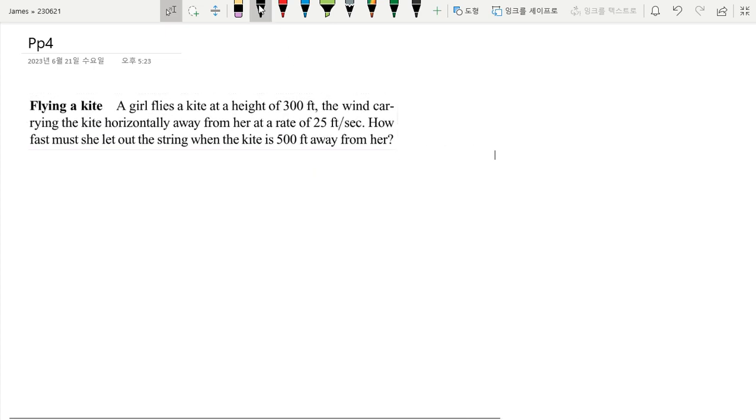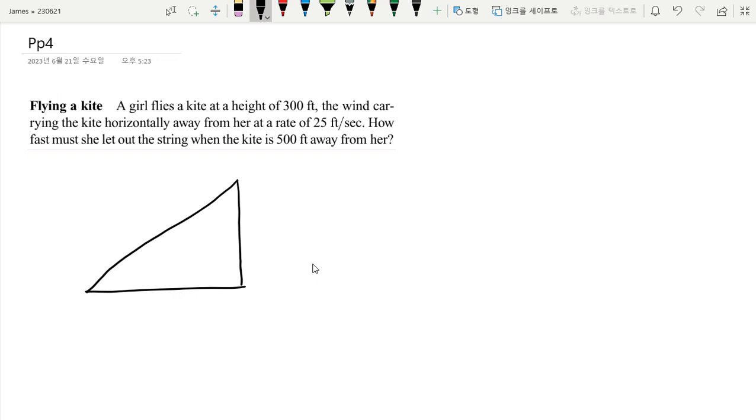So let's make a triangle. And the height of the kite is constant, 300 feet. And the kite's horizontal speed is 25.